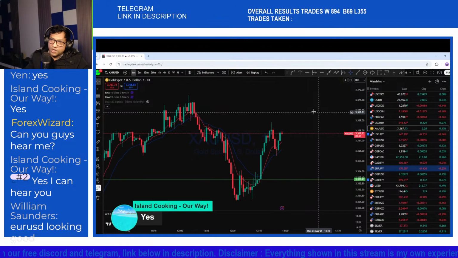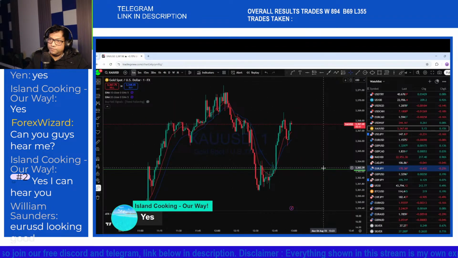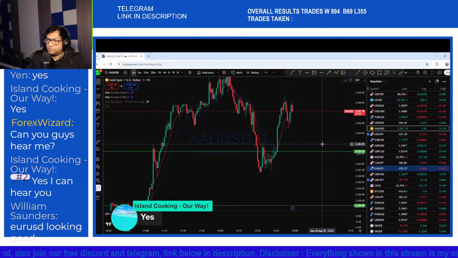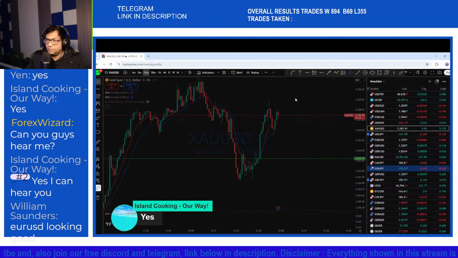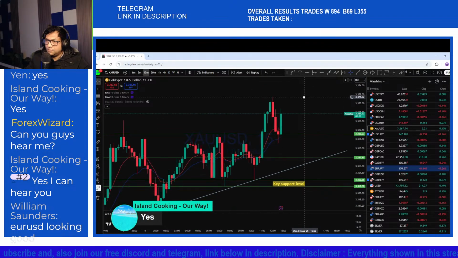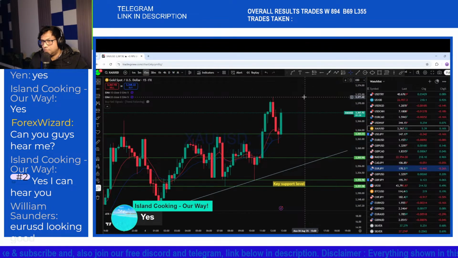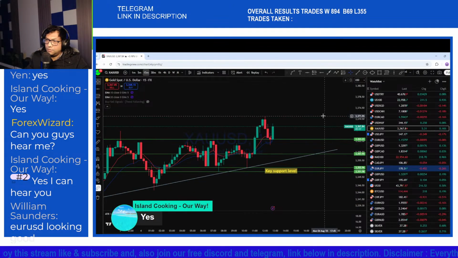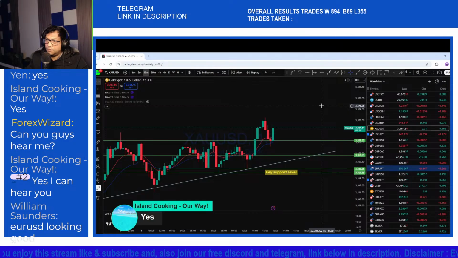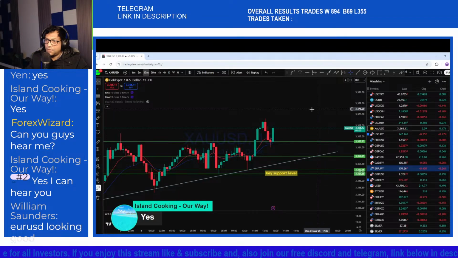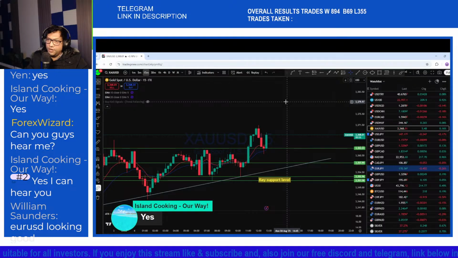Look at the 1 minute, also the lower time frame. Here it is trying to build up the pressure for this bullish move in this market.